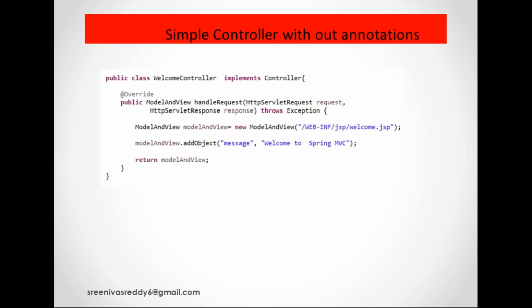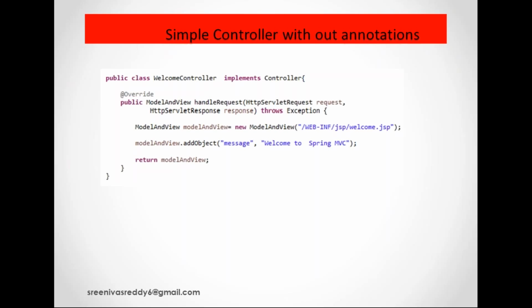Coming to the servlet, the controller: you have written a controller, but you need to register this controller with some URL, because ultimately this controller is going to be delegated to by the dispatcher servlet.